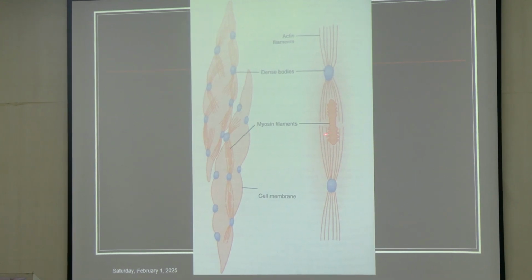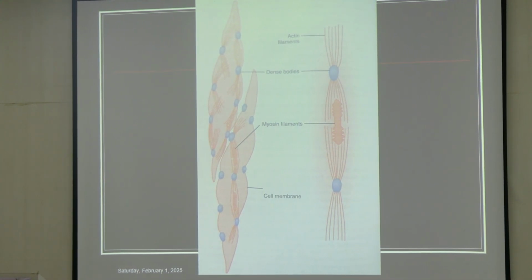The actin will bind with these projections to form cross bridges. When these actins contract, the dense bodies will come closer, and the muscle will be shortened.